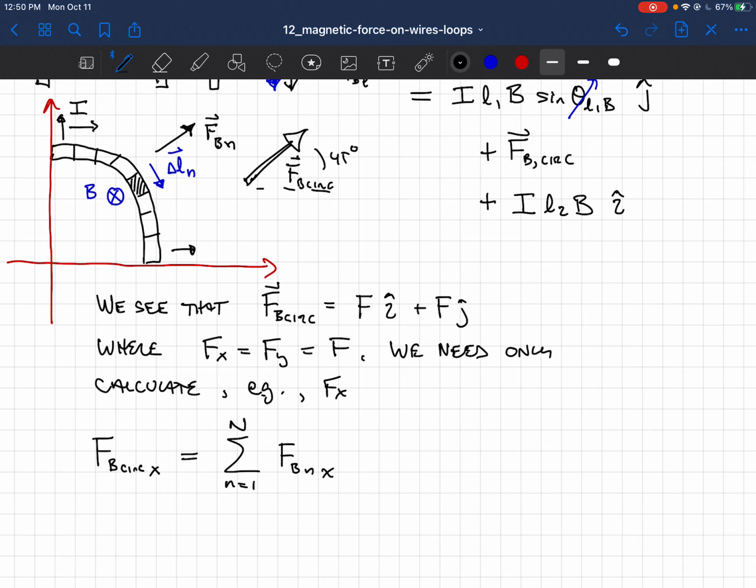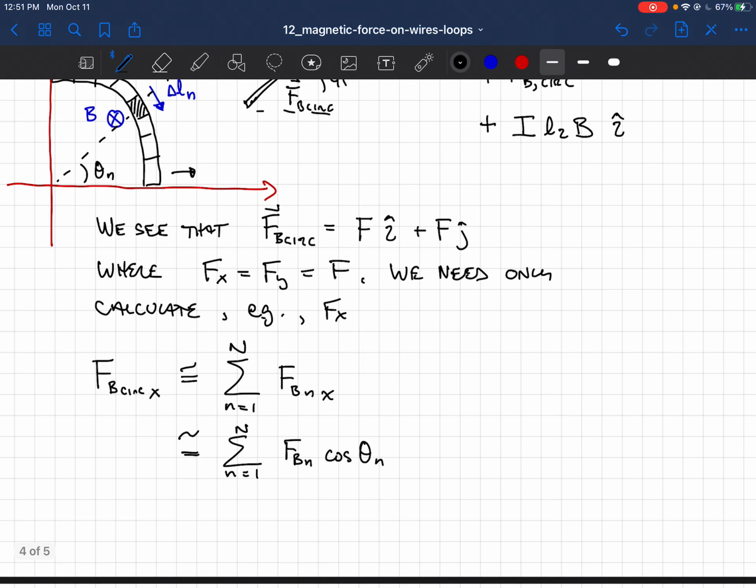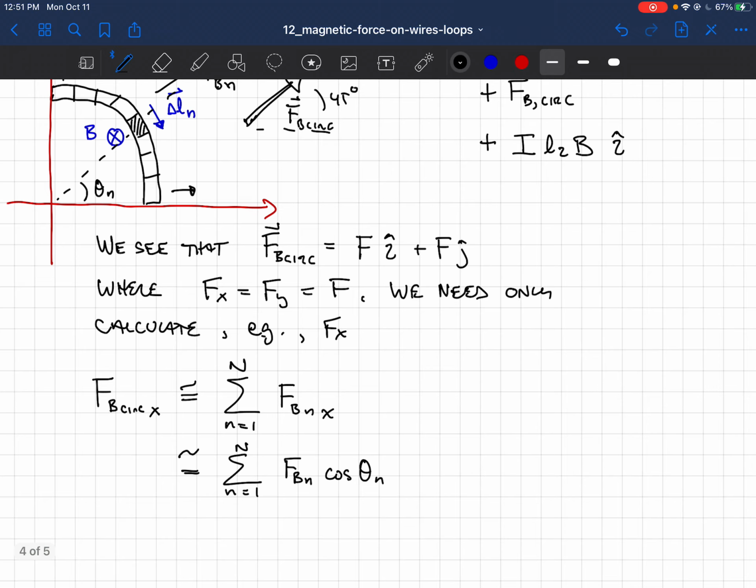Okay, well, that F B n points exactly outward along this line, and I could say that that line has a theta n with respect to the x-axis. So I could write that as F B n magnitude times cosine theta n. That's going to be my x component of that thing. And these are all approximations because I've chunked it up into a finite number of pieces.